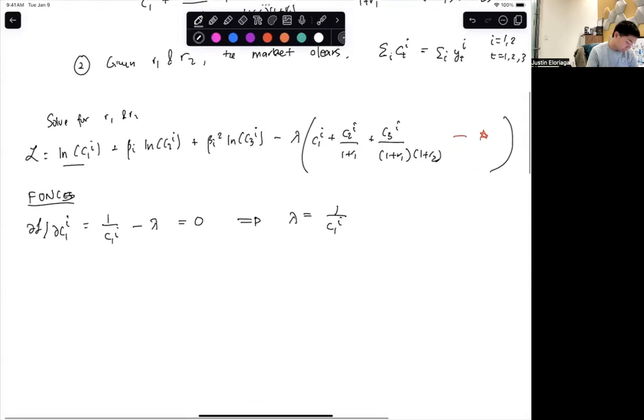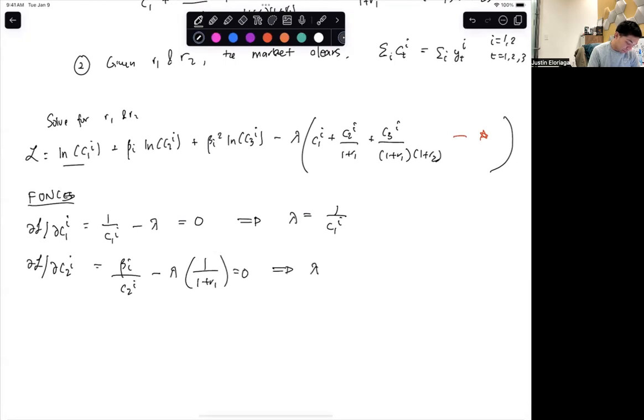Makes sense? Then if I derive the next term, with respect to C2i, it is beta i divided by C2i minus lambda times 1 over 1 plus R1 equal to 0, which implies that lambda is equal to beta i (1 plus R1) divided by C2i.